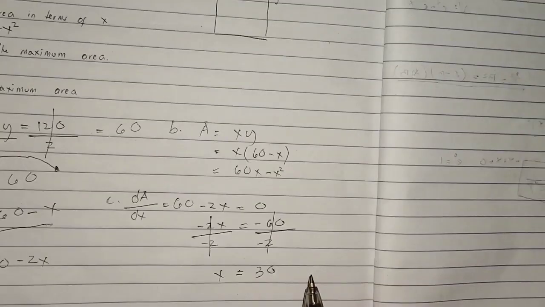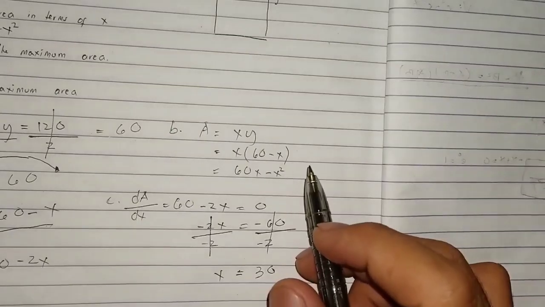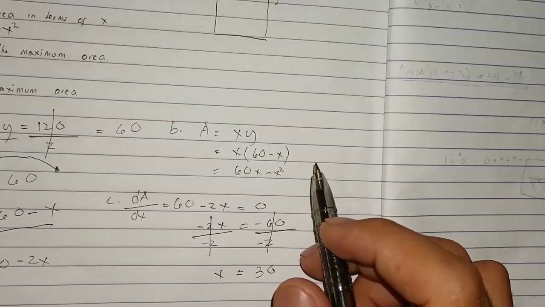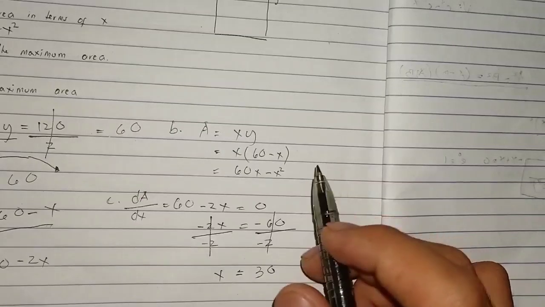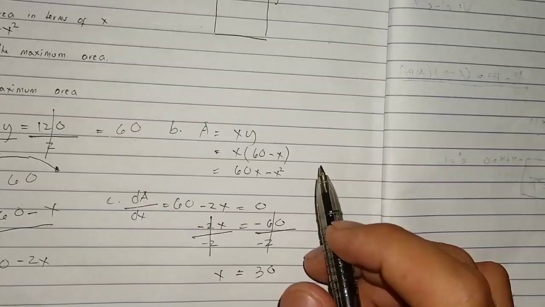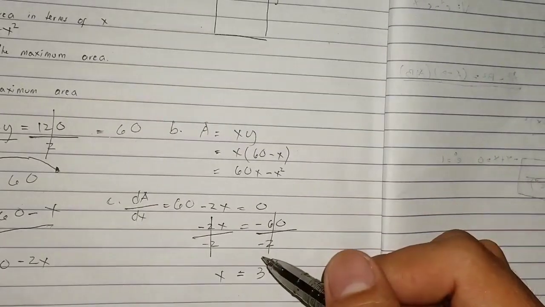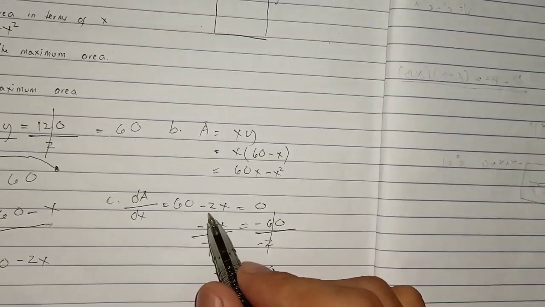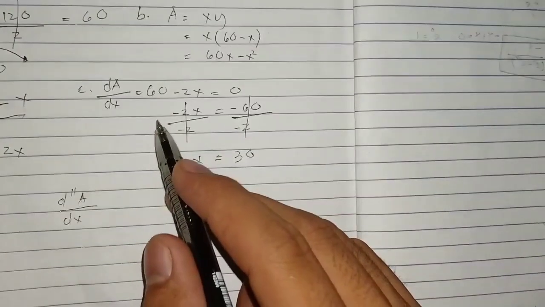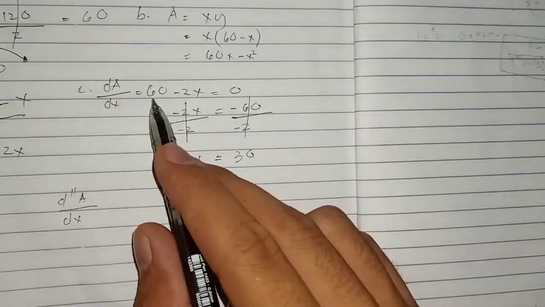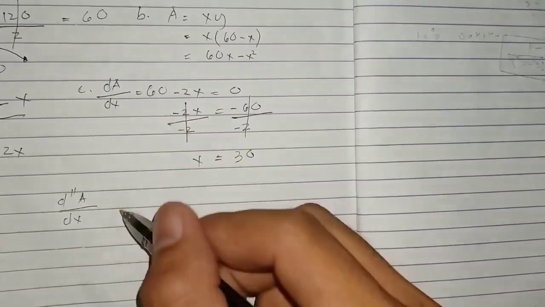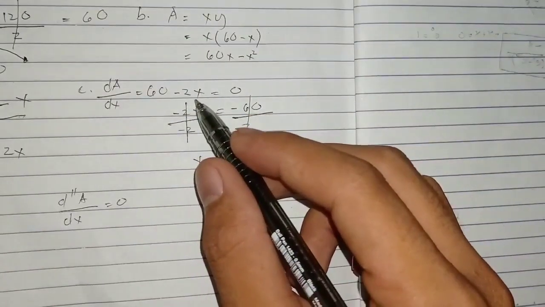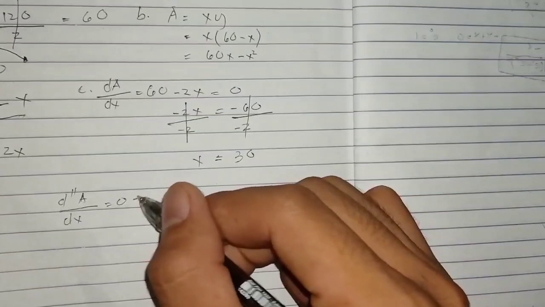But we still don't know if the stationary point is going to give me a maximum or minimum area. Now, if you want to confirm if it's going to give a maximum area, we're going to find its second derivative. So from this derivative, we need to find the second derivative. The derivative of 60 is 0. The derivative of negative 2x is just negative 2.